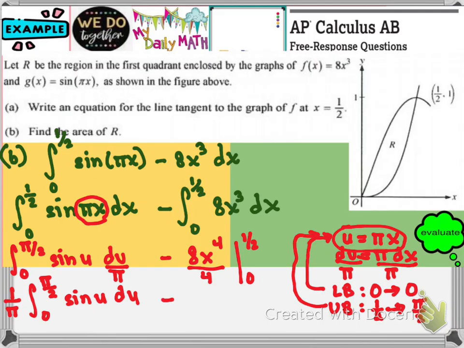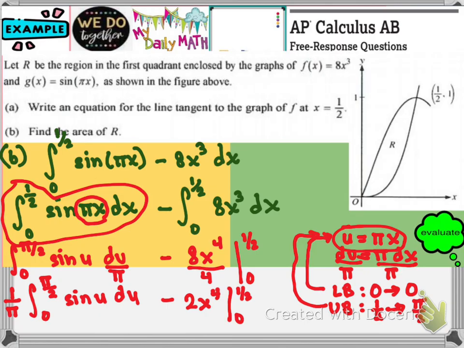Okay, minus 2x to the 4th from 0 to 1/2. Can I do this? Can I mix an integration and I've already integrated the second term? Yes, you can do this because they are not in a single integral solution. I needed to do this one independently from 8x cubed because I have to use u substitution in there.